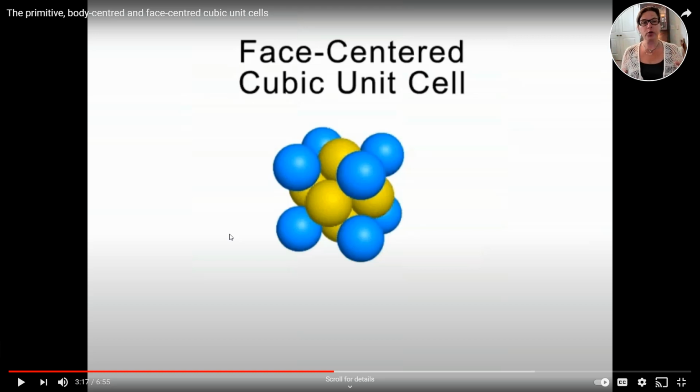So the blue spheres would be on the corners of that Rubik's Cube, and the yellow ones would be on the faces where the colors are. Nothing in the center. Unlike the body-centered unit, where the pink one would be in the dead center of the Rubik's Cube, and the blue ones were only on the corners. Those in the faces touch each other as well.